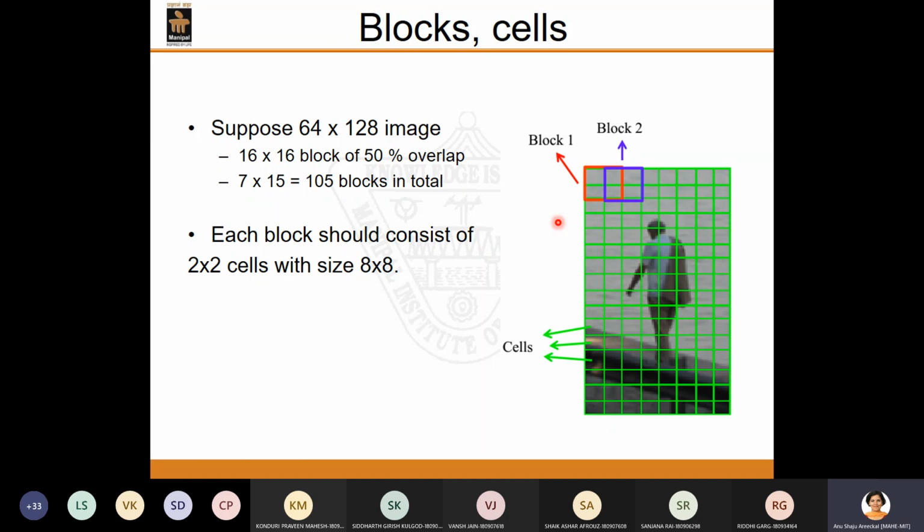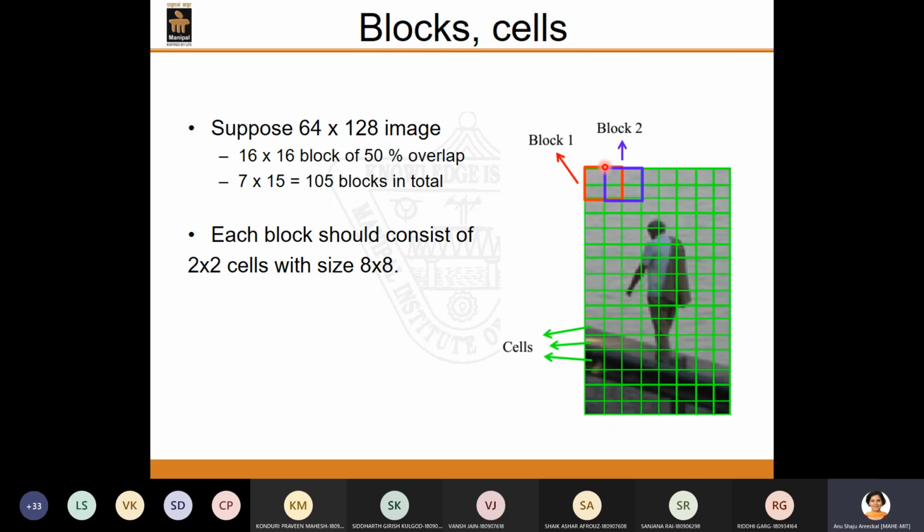Here we'll look at some examples where we consider images of a person and see how HOG, or the orientations, will help to identify the presence of a person in an image. So this is an example of an image where there is a person present. Now, how we calculate HOG here is we take different blocks, and for each block we compute the gradients.